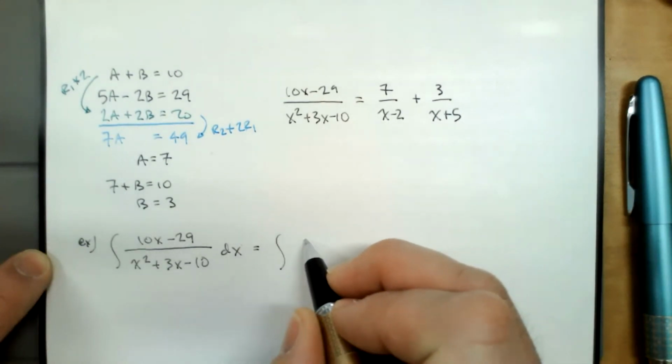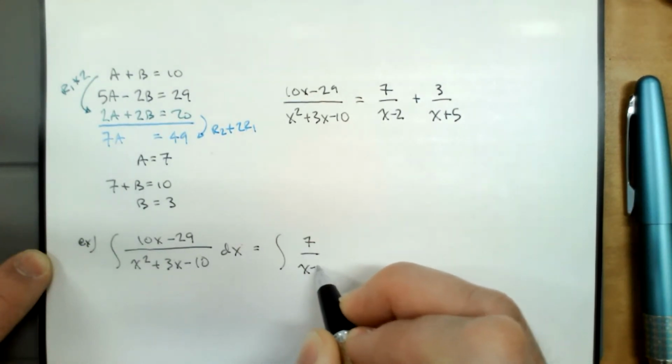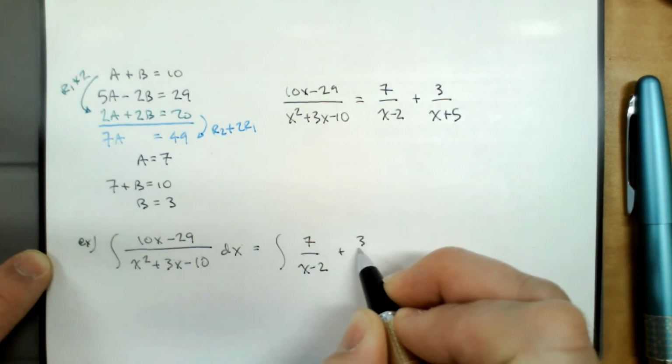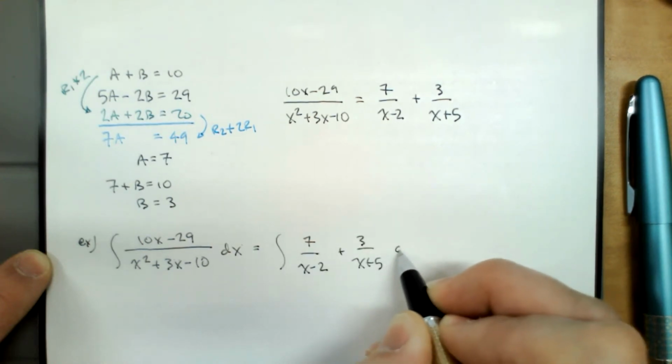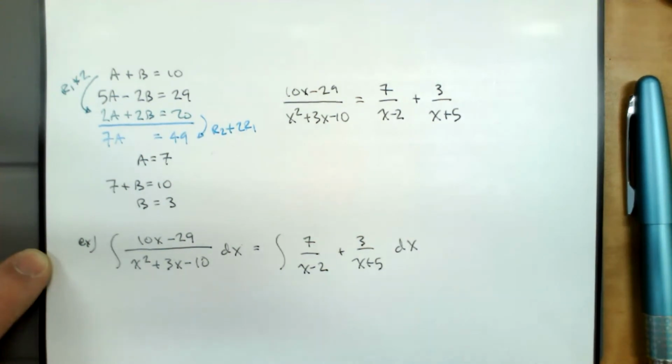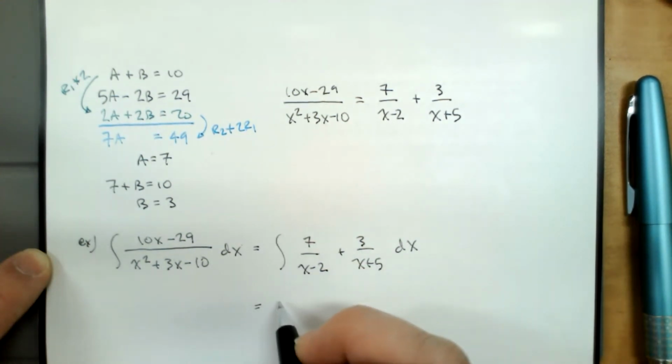So we can write this as the integral of 7 over x minus 2 plus 3 over x plus 5, so that we can easily integrate our terms.